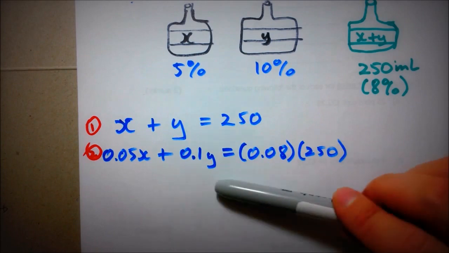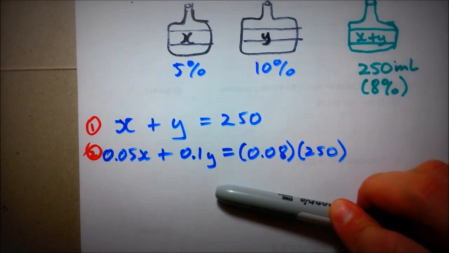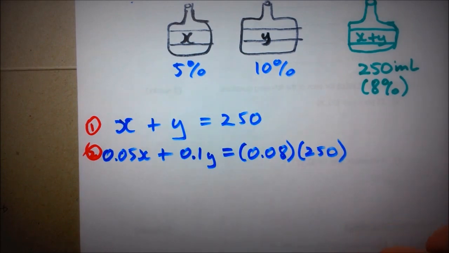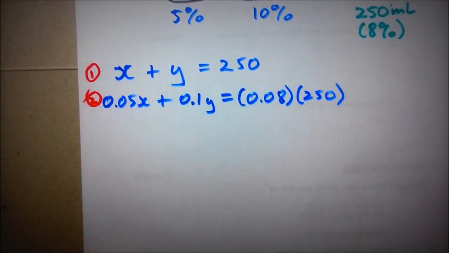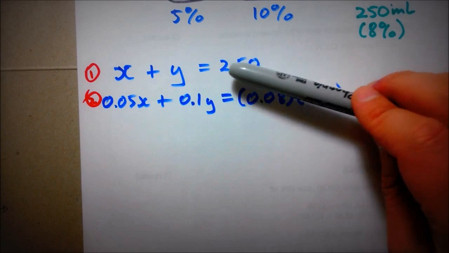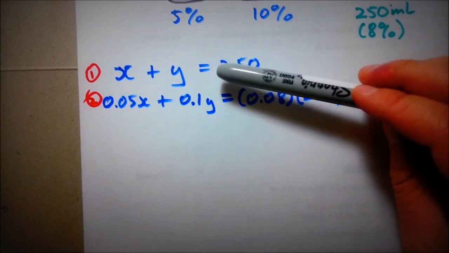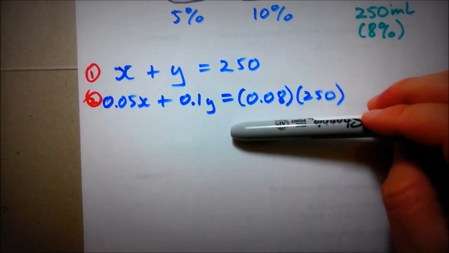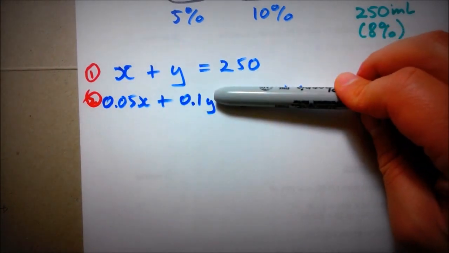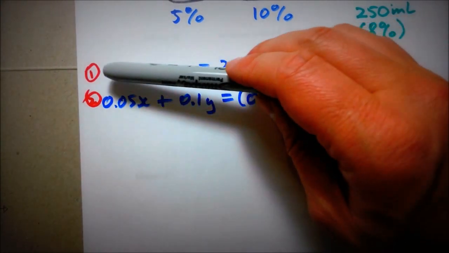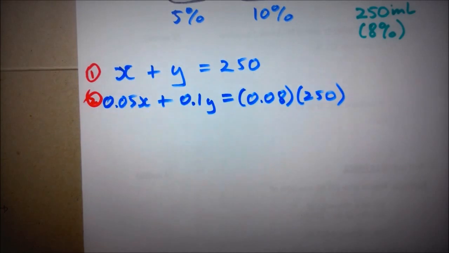But what I'm gonna do is, once again, use the method of elimination. You can use the method of substitution, whatever you find easier. Okay, so I'm going to eliminate Y first, and I'm going to try to do that by multiplying equation 1 by 0.1. So we're going to end up with a new equation.